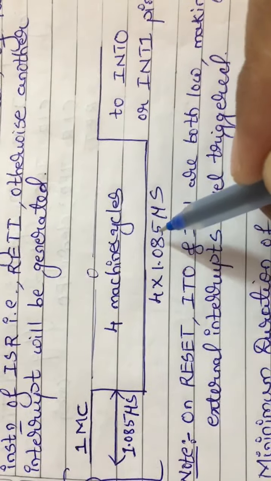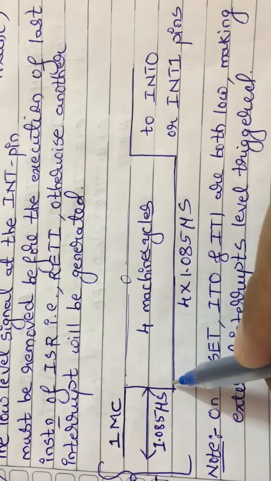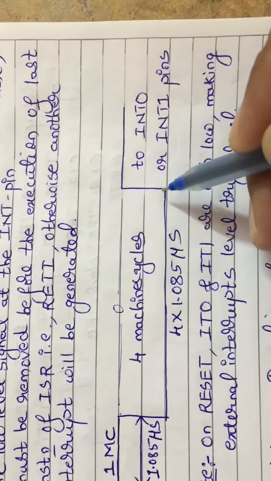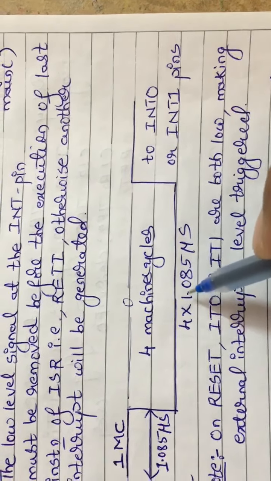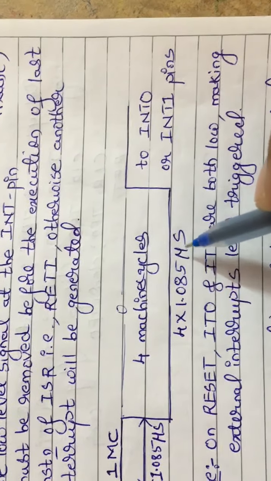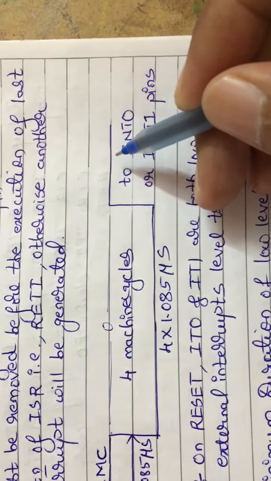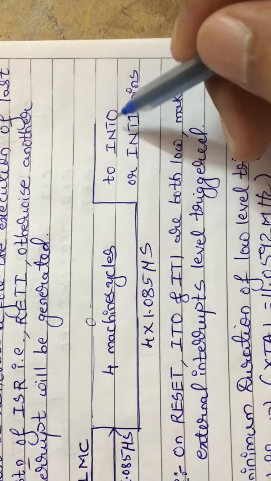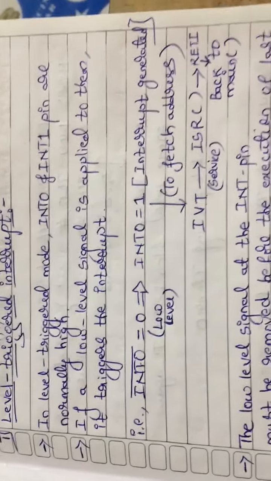So this is a high signal and it will come to the low level signal. It will take 4 machine cycles, 4 into 1.085 microseconds, to trigger and enter into the INT0, INT1 pin. So this is about level triggered interrupt.